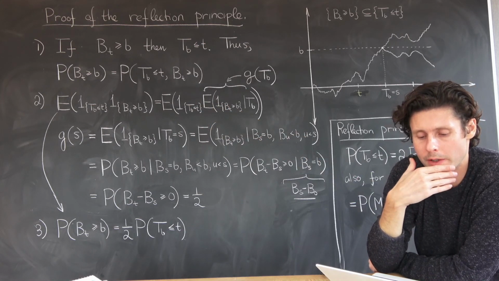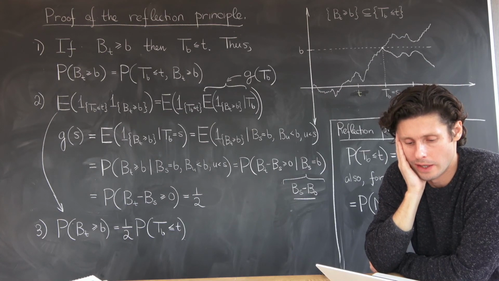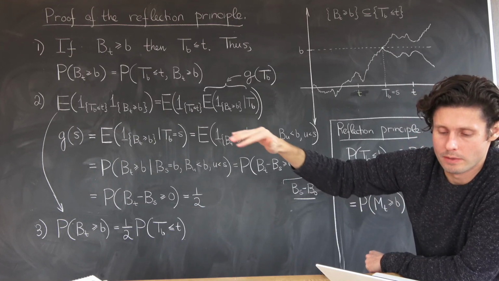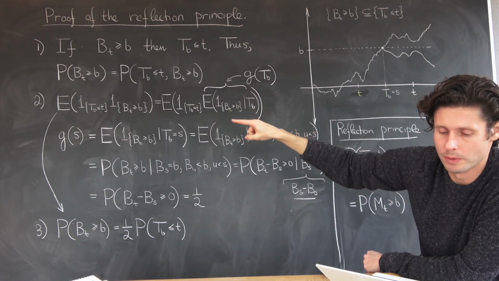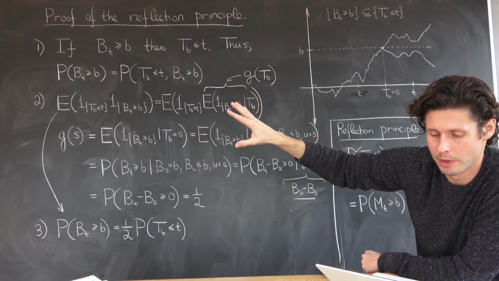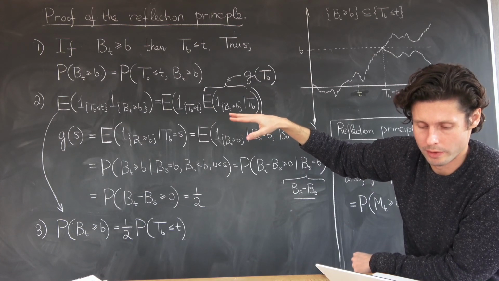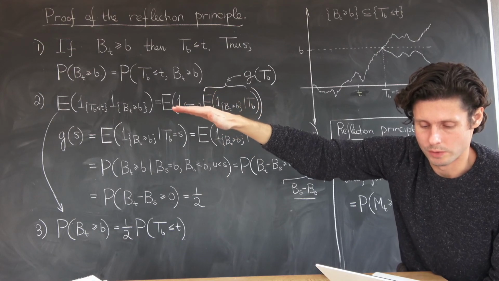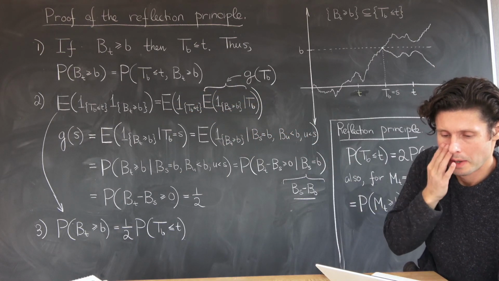And if the value of TB was exceeding T, then that indicator is 0. That's the reason for me being able to take it out and simplify the problem into 2 separate components. That's the goal here: to split something complicated, the product of two things, and treat them one at a time.